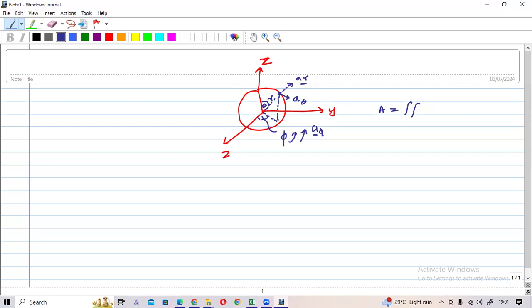So you need to do the surface integral with respect to theta and phi: r squared sine theta d theta d phi. You need to evaluate this surface. If it is the total surface, phi is in this direction. So what is the limit for phi?